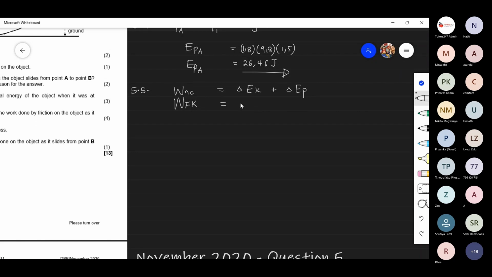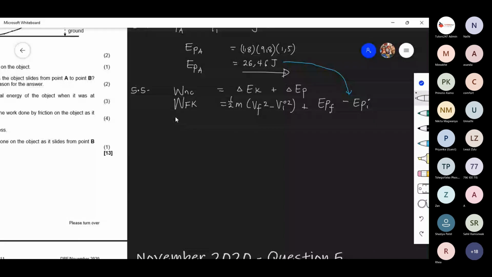Then on the right-hand side, I'm going to break this up into its formula, which is a half mass times Vf squared minus Vi squared, plus Ep final minus Ep initial. Keep in mind that we already calculated Ep initial.